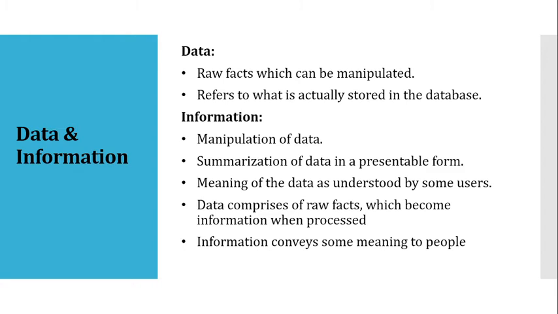After that, the user can retrieve specific data concerned with them and display that data to the particular user. That is known as information processing, which consists of these steps.